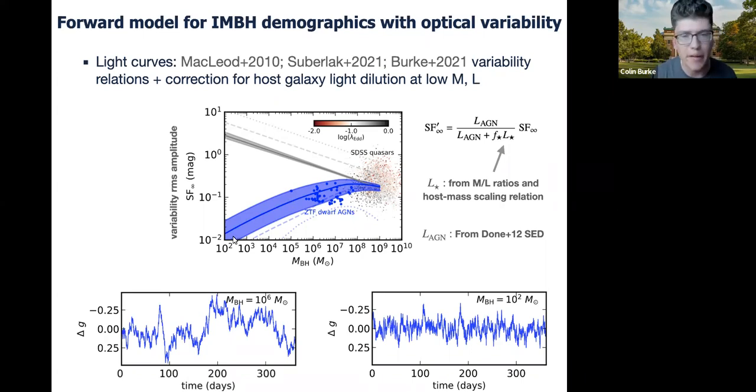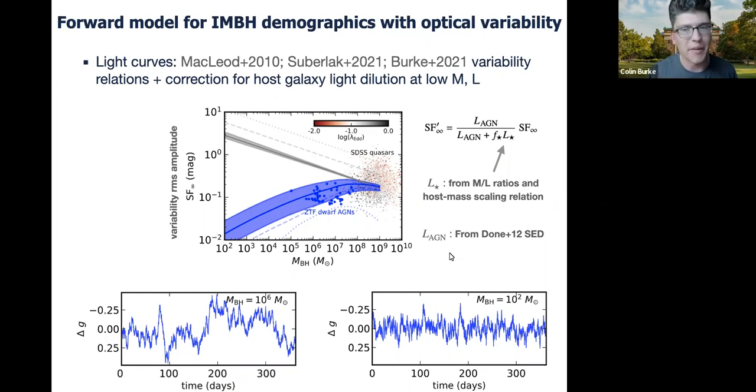That simple host galaxy contamination or dilution correction is shown in blue here. The uncertainty on that is pretty big. To get the luminosity of the host galaxies, we have to use mass to light ratios. And then this is all tied in again to the stellar mass, black hole mass correlation as well.